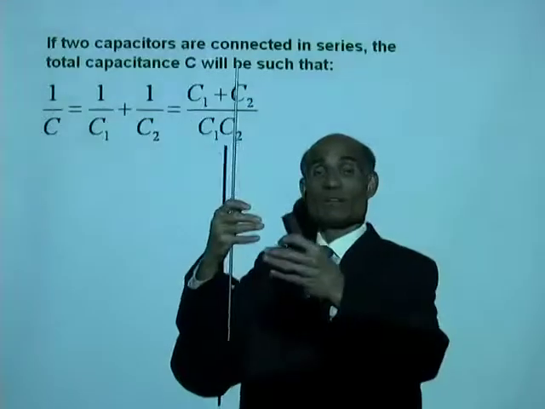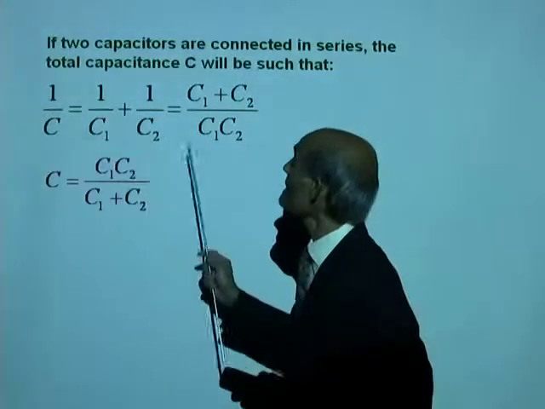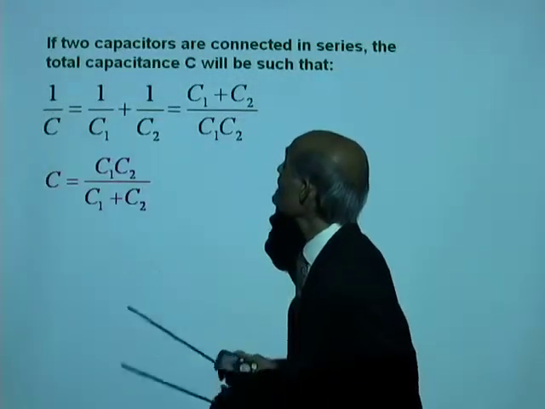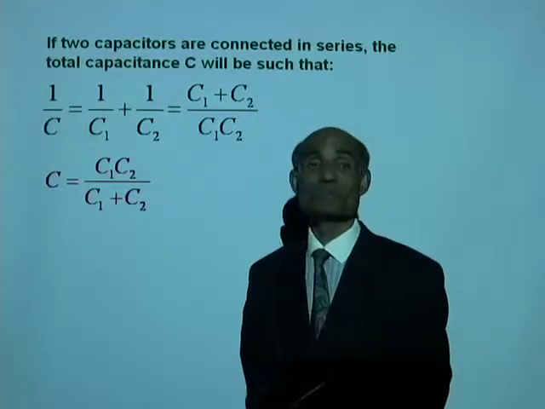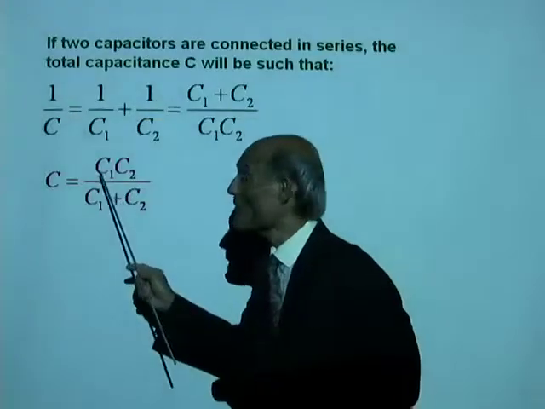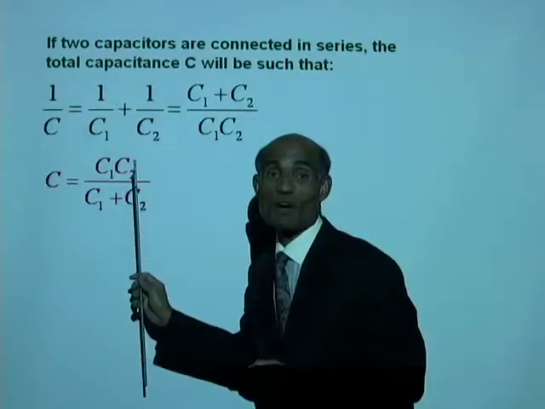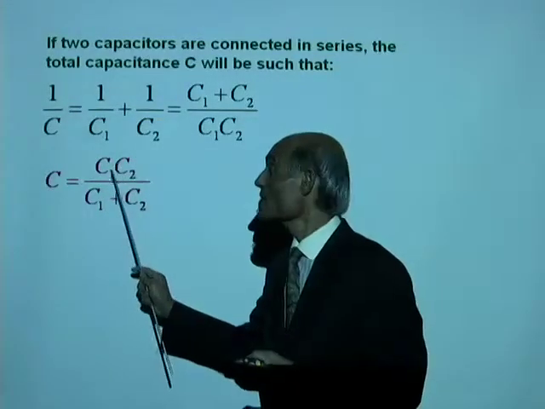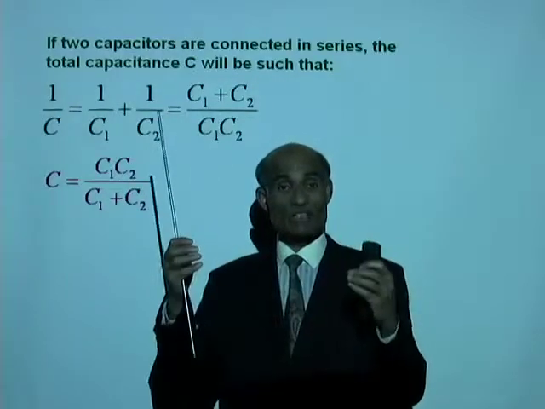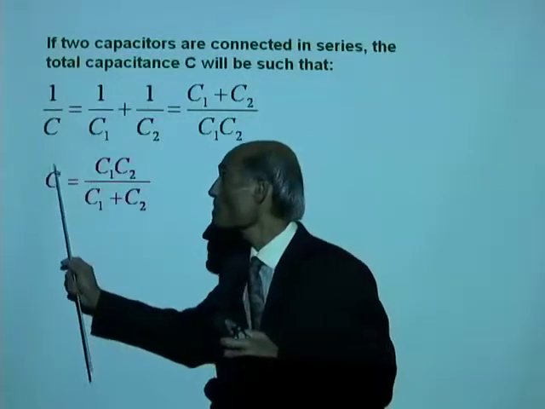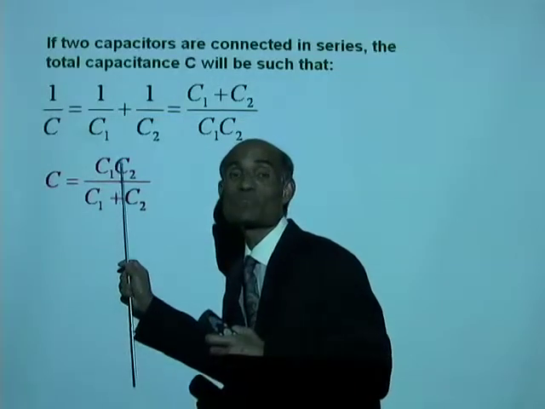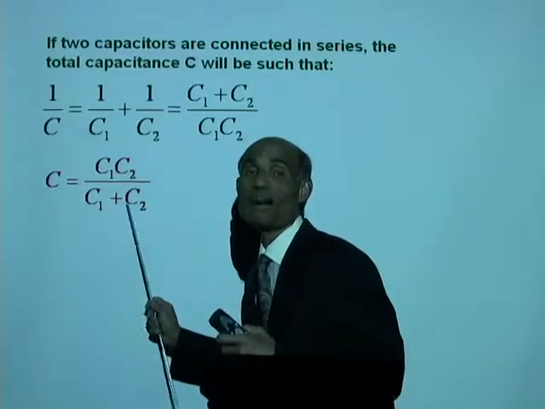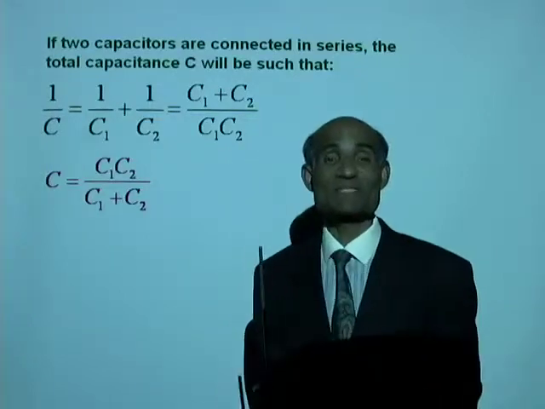C will be the reciprocal. C therefore equal to C1 C2 divided by C1 plus C2. When two capacitors of capacitances C1 and C2 are connected in series, the total capacitance of the combination C equal to C1 C2 divided by C1 plus C2.